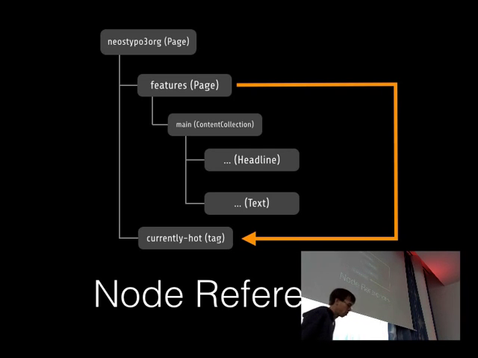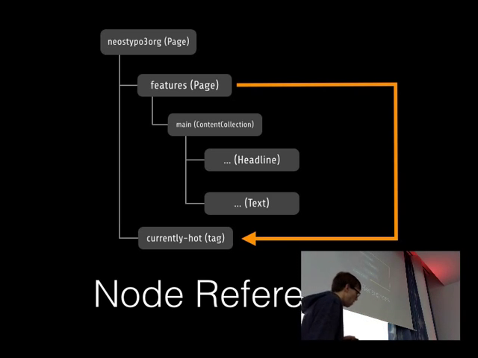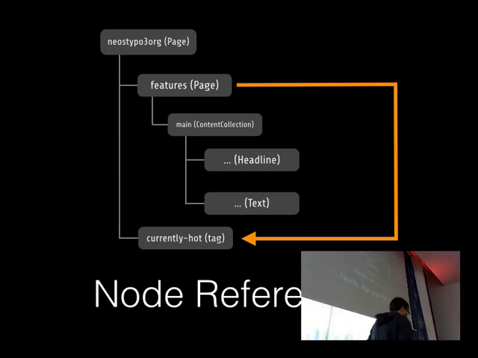Let's say we want to tag our features page with "currently hot" as just some arbitrary tag. How could we do that? Of course, we could write some plugin which does the tagging, but we don't need to, because we can just say that a page can have a property called tag, which contains a reference to another node of the type tag. By that, Neos will automatically provide you a nice user interface in the inspector.